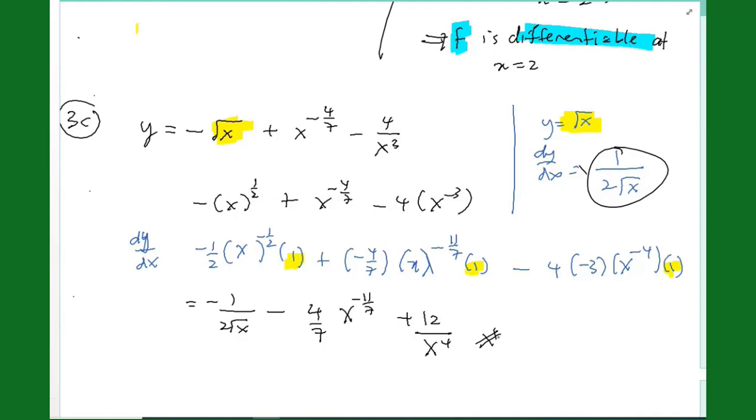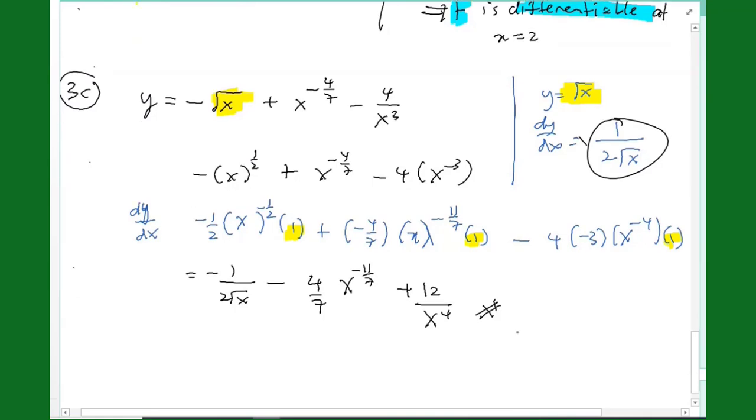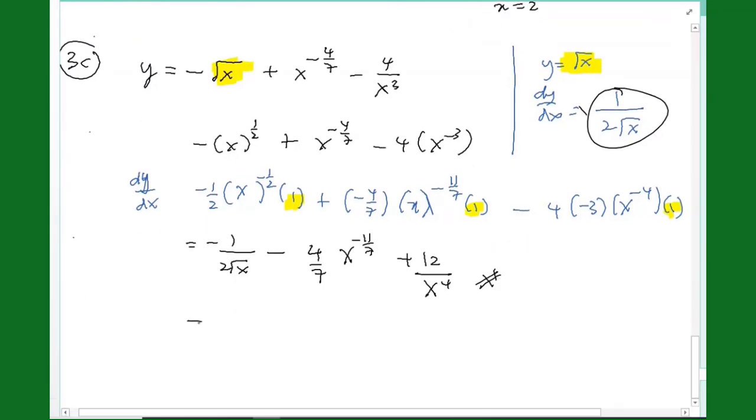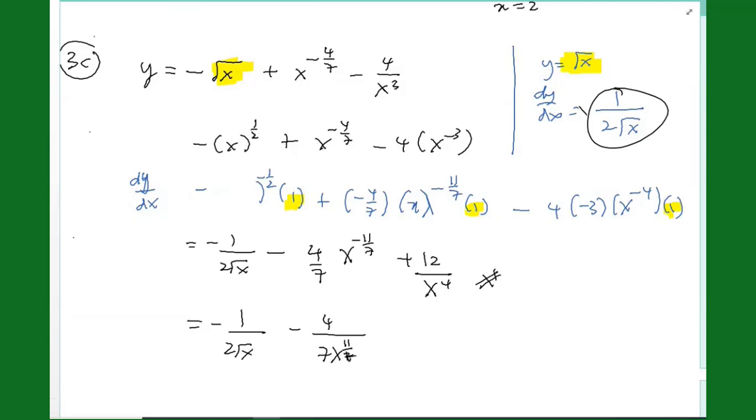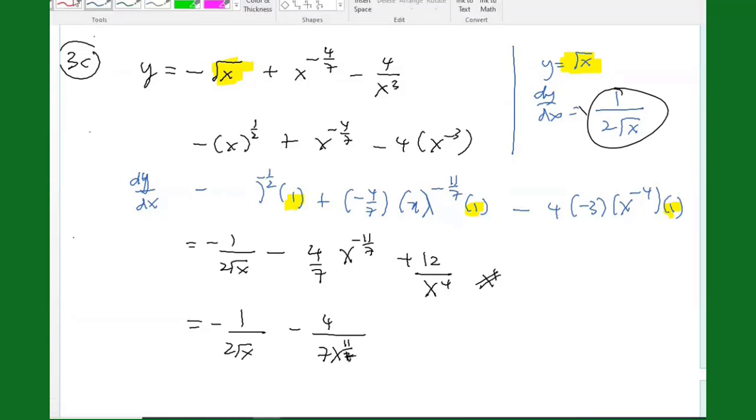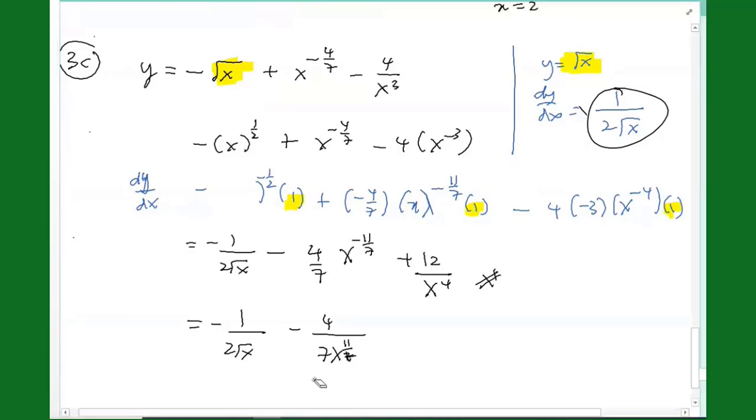The order moves down. Minus 4 over 7 x to the power 11 over 7 is not nice. Here it is 11 over 7 plus 12 over 7.